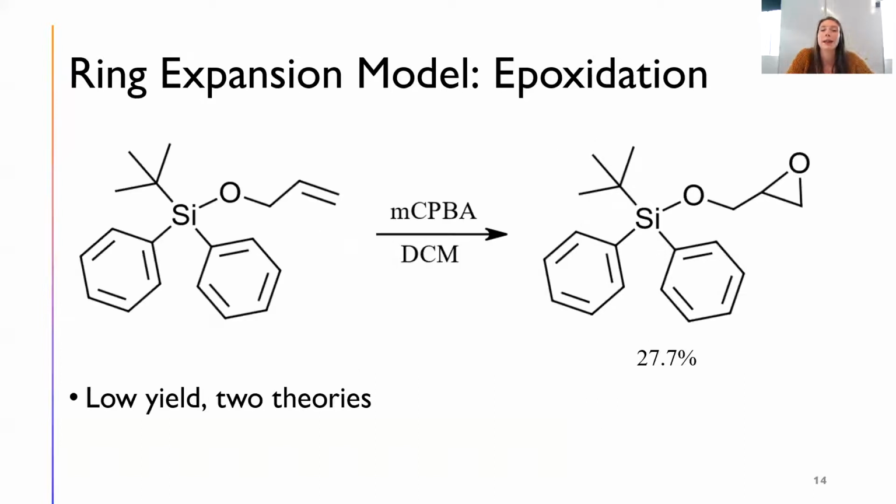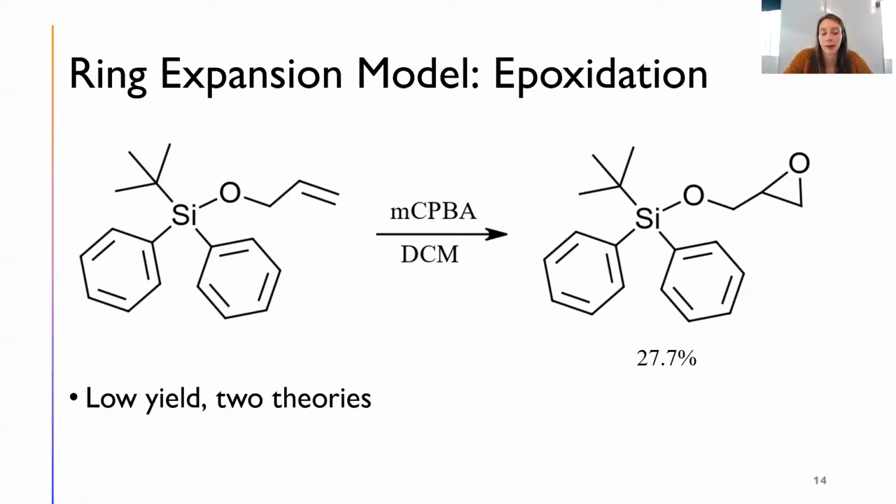The next step is the epoxidation step, in which we take that alkene and we use mCPBA, and we get that 3-membered epoxide ring. However, we have a very low yield, and there are two theories as to why that could be. The first, going off of what I just said, is that this isn't actually a pure solution of the protected alkene.